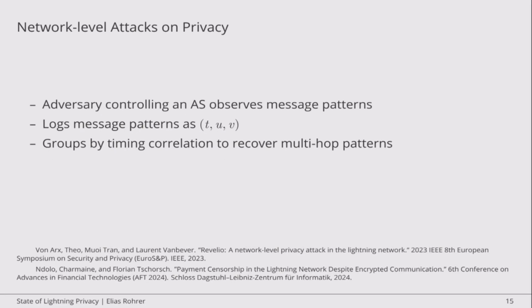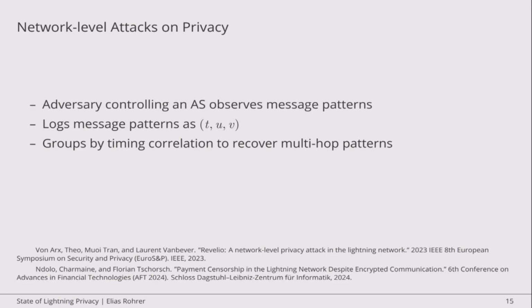But this is not exactly true for the next level of attacks I'm going to speak about now, because we're talking here about network level attacks, meaning these are AS level attacks on privacy, where the adversary model is that an adversary is controlling an AS or has access, AS being autonomous system, basically your ISP or a conglomerate of ISPs, or maybe even a state level actor that has access to logs from multiple ASs.